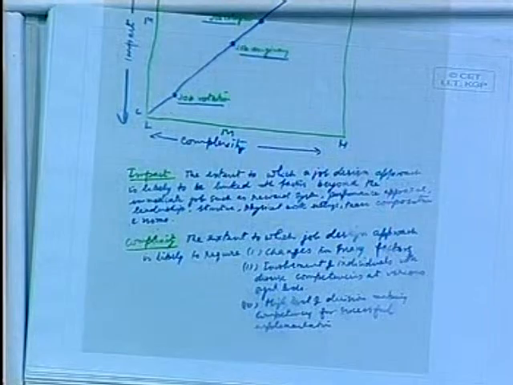So definitely a job which fetches more reward, where you are able to prove your leadership quality, and where you are higher on status in terms of hierarchy, will have a higher impact factor, isn't it? And if you are low on these accounts, then definitely the impact factor is going to be less.